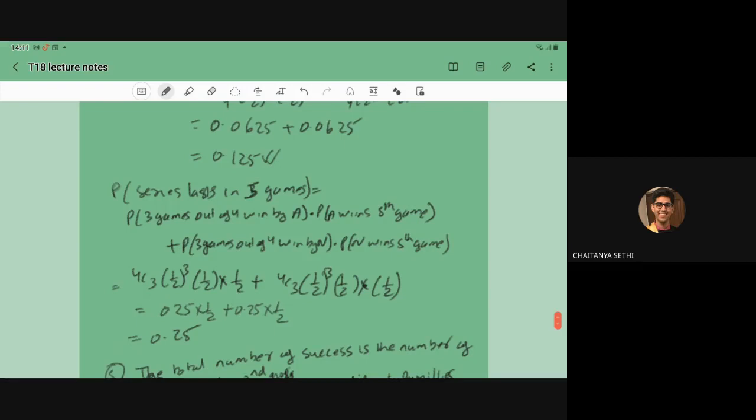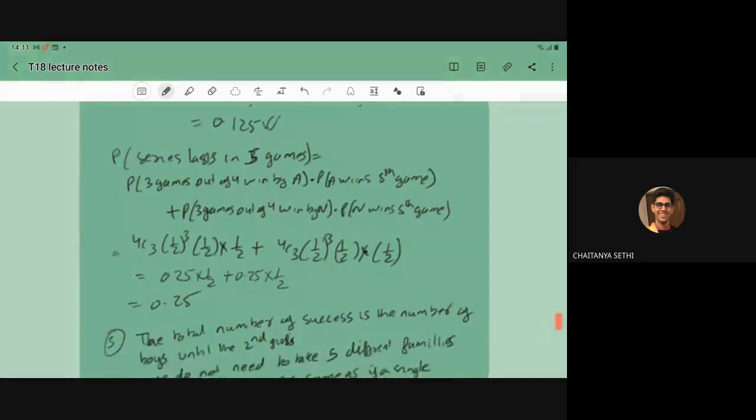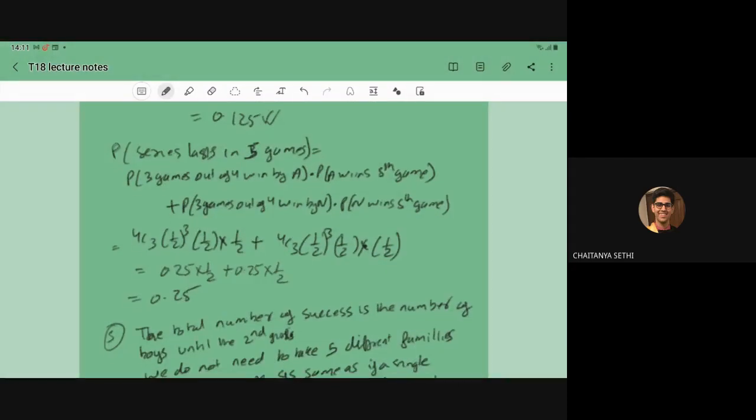Similarly, plus 3 games out of 4 won by the National League, and the fifth game won by the National League. Again, as I told you, x follows the binomial distribution with parameters n equal to 4 and p equal to 0.5.